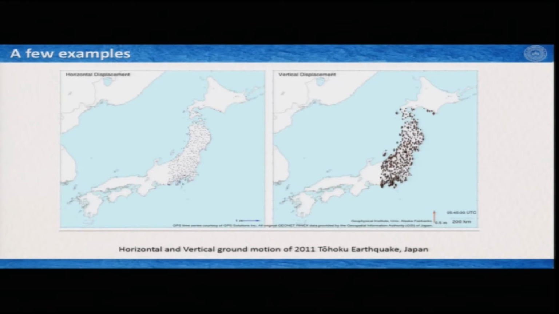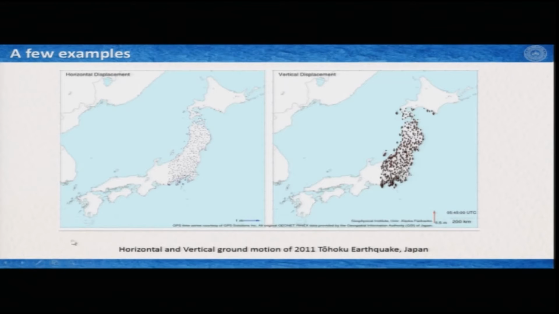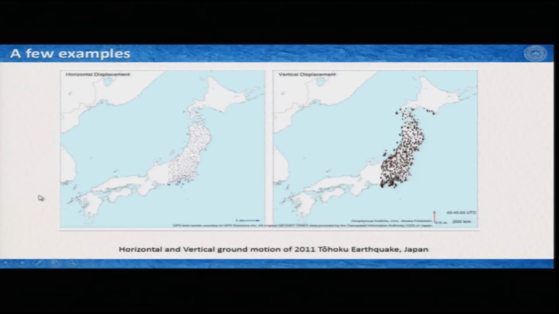This is a movie of about 1 minute, and all these arrows, which you do not see right now, are in stationary mode. We will see the main earthquake and then an aftershock, and how vertical and horizontal ground displacements happen during the earthquake. On this side you have horizontal displacement, and on this side you have vertical displacement. Let us have a look.